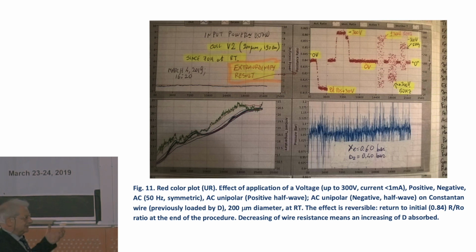So it means the hydrogen, or something there, protons, something, are moving. It is not impossible, even at 50 Hz they are moving. So again we check. Here we make unipolar pulsing, positive, and here negative unipolar.